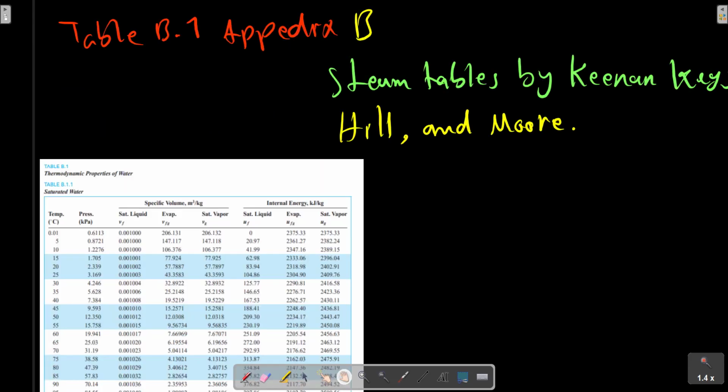As shown in this picture, this is the table that was provided in the book Thermodynamic Properties of Water, Saturated Water, Table B11 by Keenan, Keyes, Hill, and Moore.